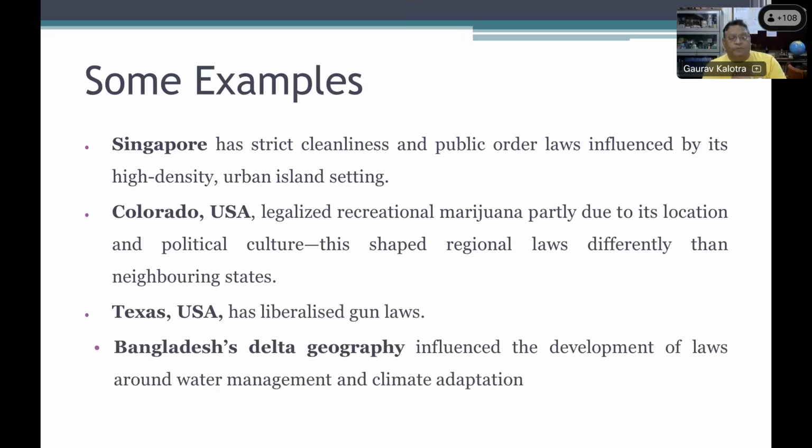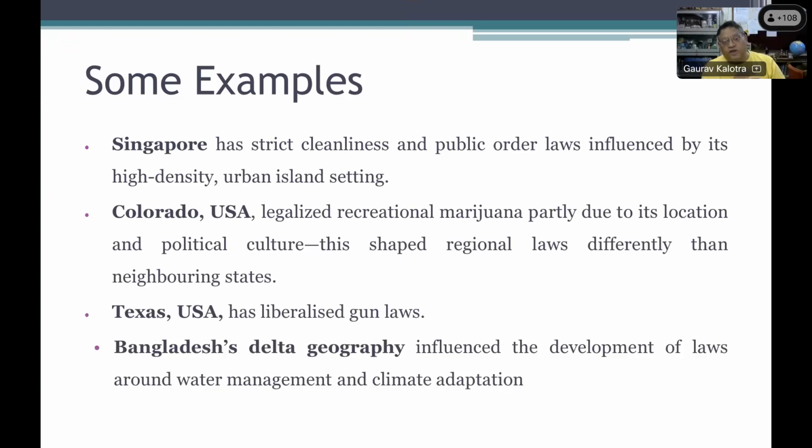Then some examples. Singapore has strict cleanliness and public water laws influenced by its high density urban island setting. Anybody who has gone to Singapore has seen that Singapore is very clean. No litter is there. Nobody puts anything there. That is because of its law and order regarding littering and all these things.